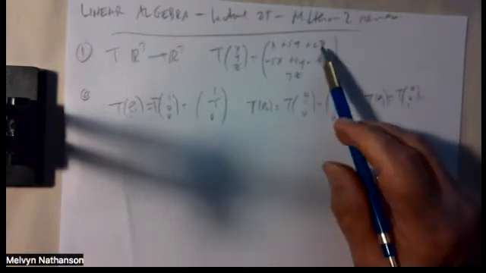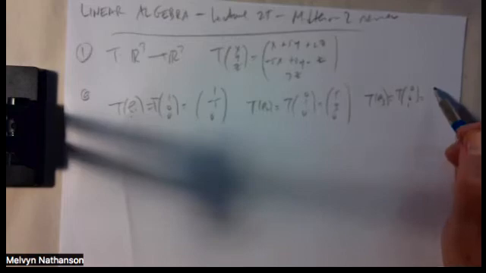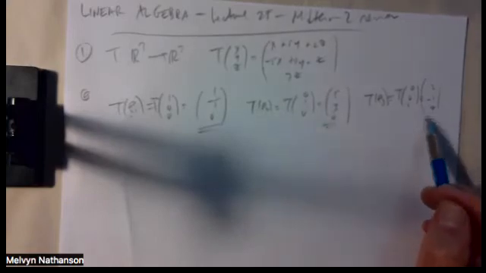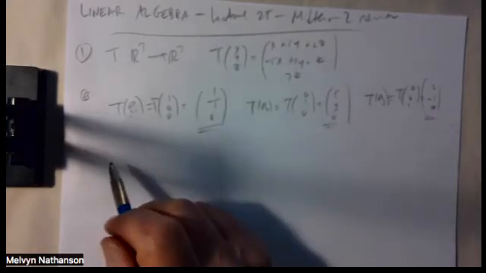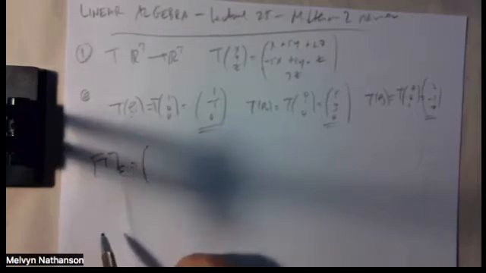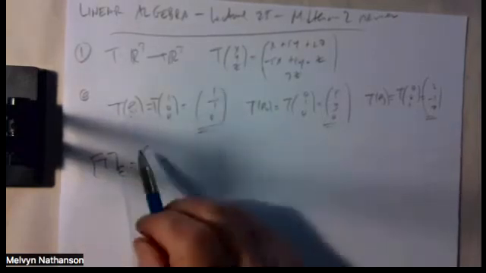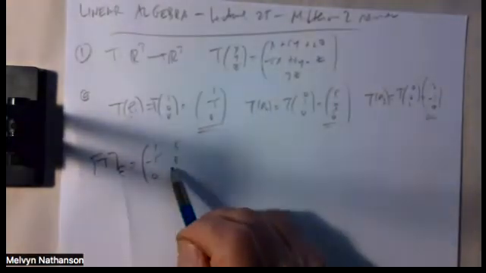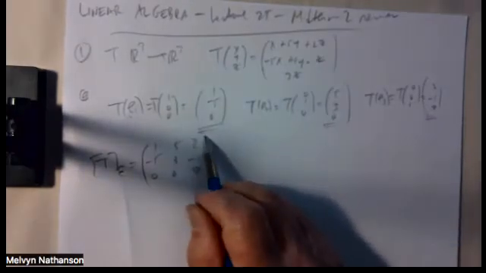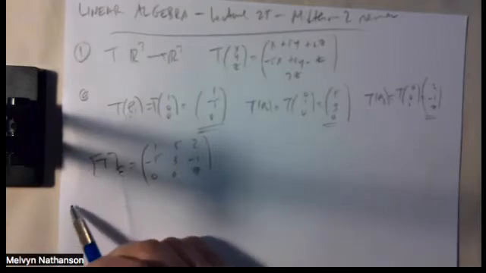When x and y are 0 and z is 1, you get 2, minus 1, 7. So these three vectors are the columns when you write T with respect to the standard basis. The matrix is 1, minus 5, 0, 5, 3, 0, 2, minus 1, 7. So that's the matrix.